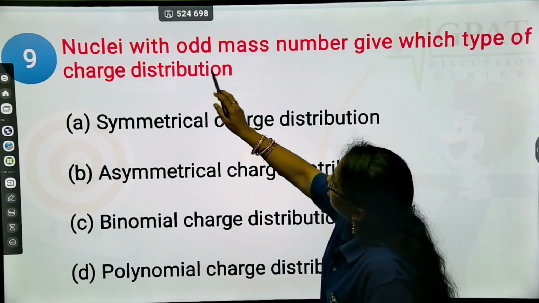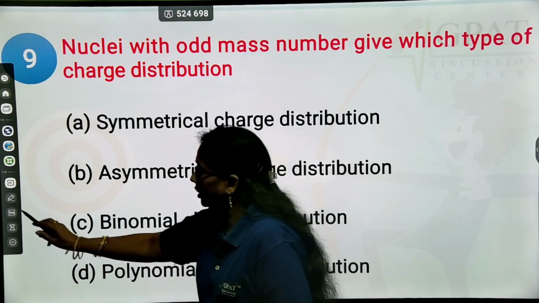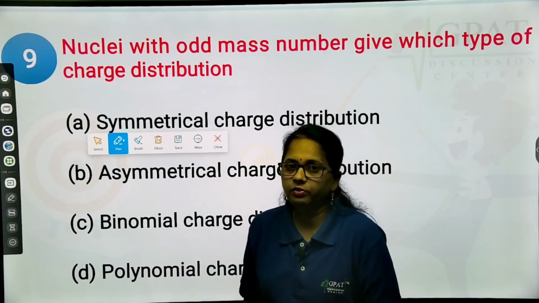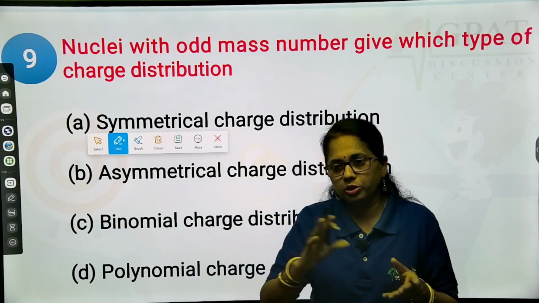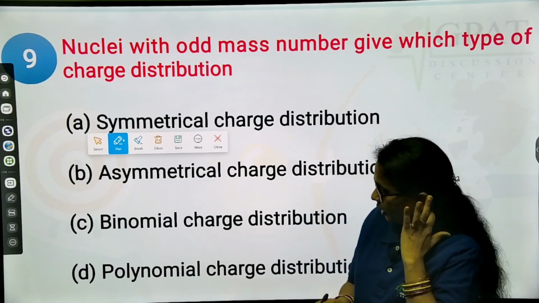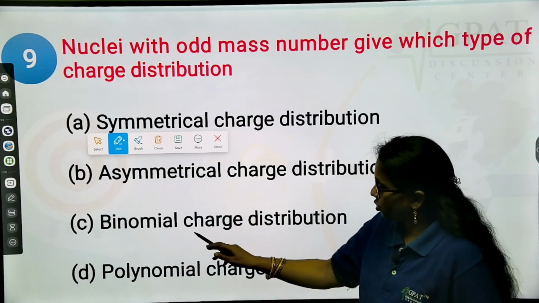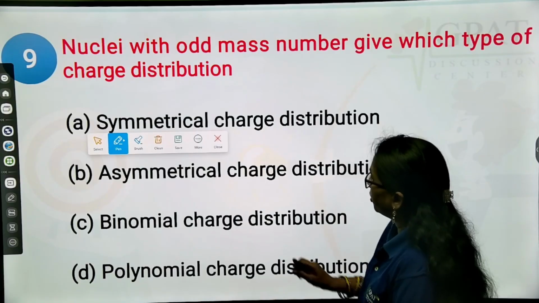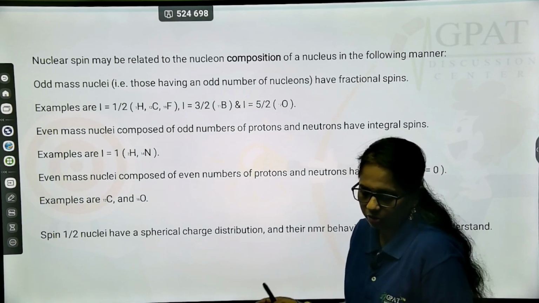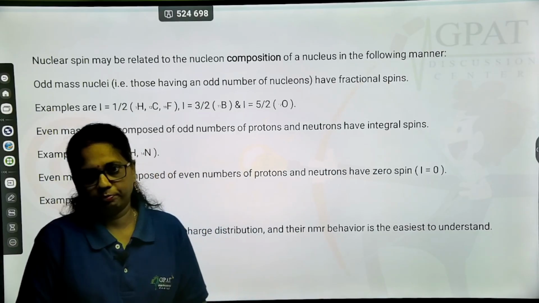The nuclei may have odd or even mass number, or odd or even atomic number, and mostly we use isotopes to get the NMR signal. The options are symmetrical, asymmetrical, binomial and polynomial charge distribution. Whenever the mass number is odd, you will see either symmetrical or asymmetrical charge distribution only.